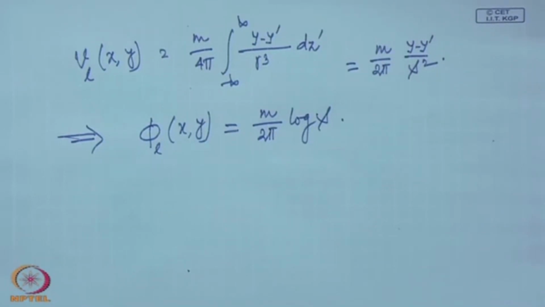Try it for the potential due to a point source and then integrate it over minus infinity to infinity. You will see that your integration will fail. The integration will diverge, and we will be needing some special technique to complete that integration.